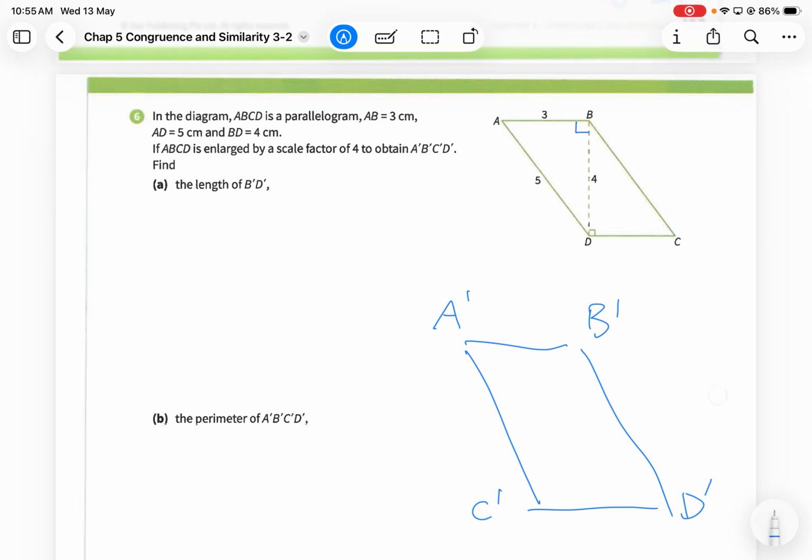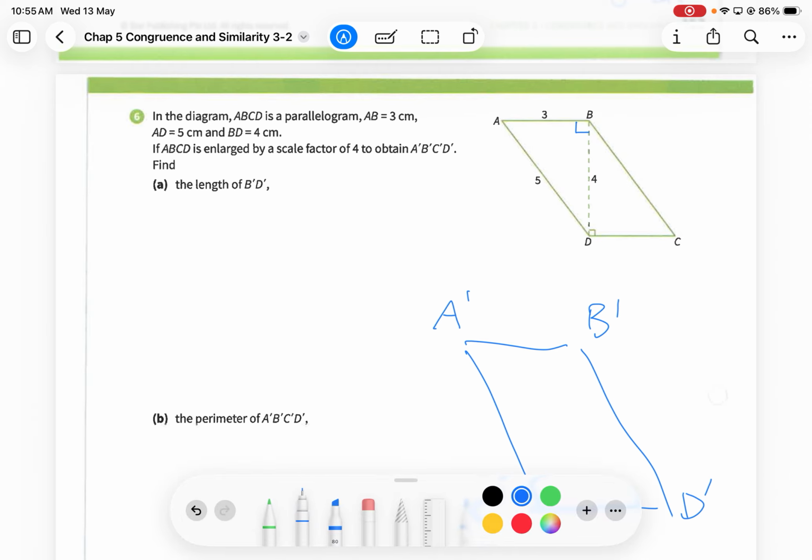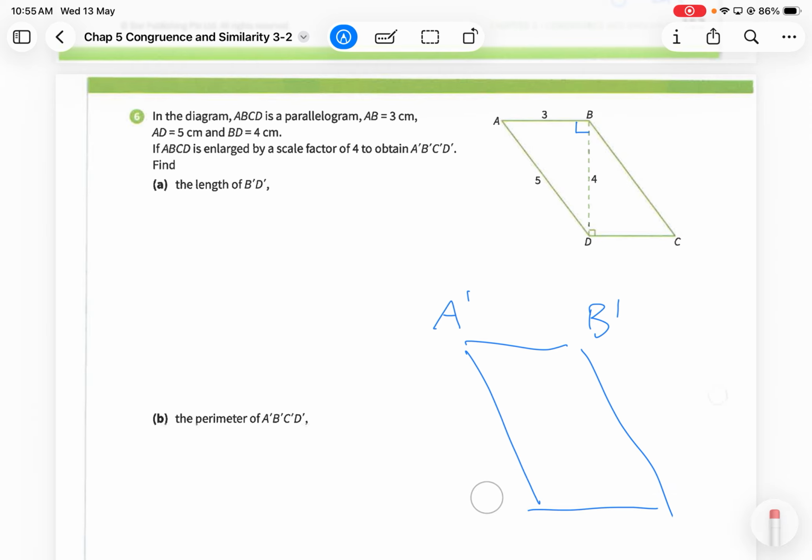Okay, question 6. They never draw for you. There is an image. The naming is with the apostrophe there, or prime. So A is mapped onto A prime, B mapped onto B prime, C mapped onto... I drew wrongly. C maps onto C prime, D maps onto D prime. It is enlarged by a scale factor of 4, so same shape.